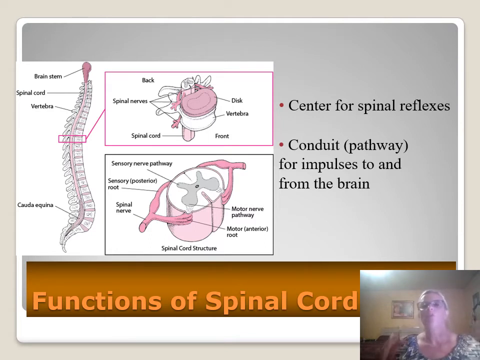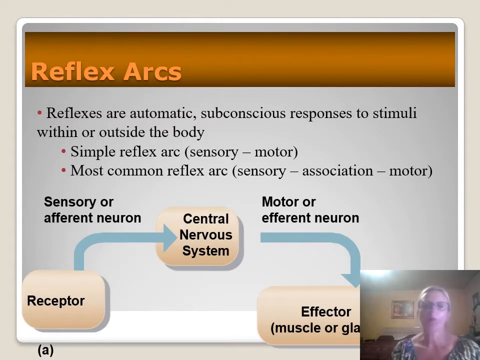It connects the peripheral nervous system to the brain. Information in the form of nerve impulses reaches the spinal cord through sensory neurons. They're transmitted in, and then transmitted up to the brain for the brain to decide what to do with that information. We kind of know what an automatic reflex is, but we call that a reflex arc.